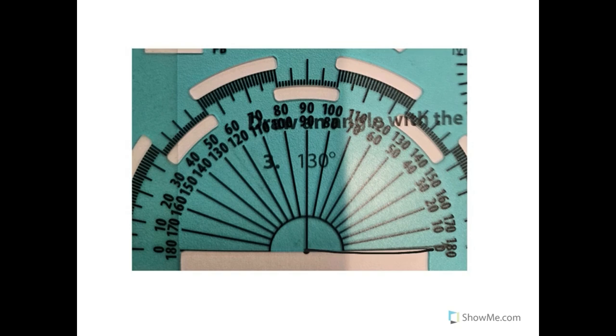Here's that colored line. We're having it at 0, and then we need to line it up with 130. Here's 130. So let's draw a line at 130, and here's what it'll look like. That is what your angle should look like on number 3.